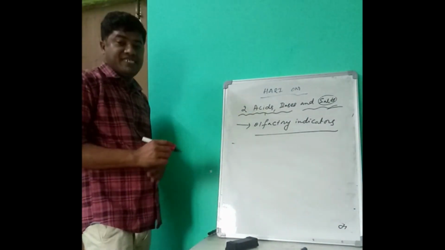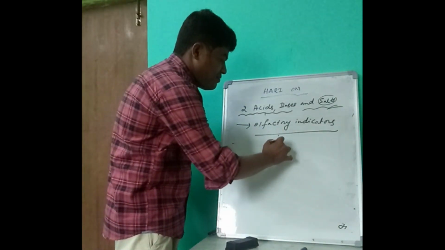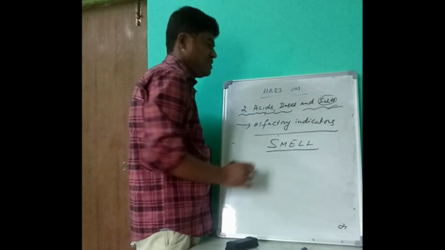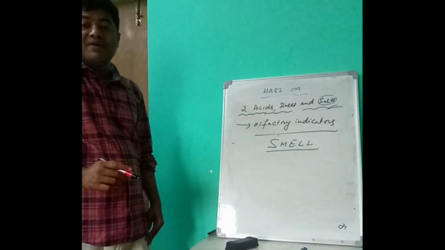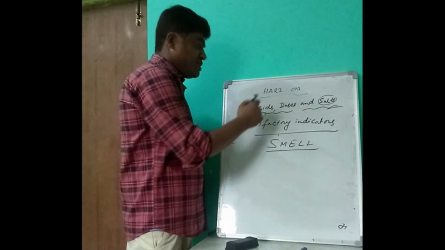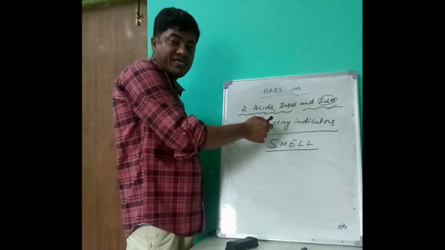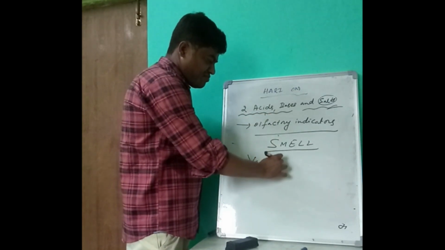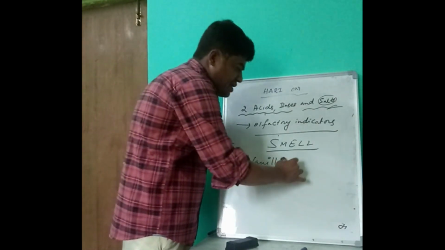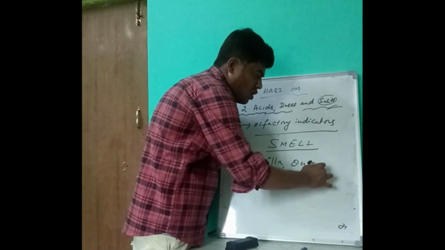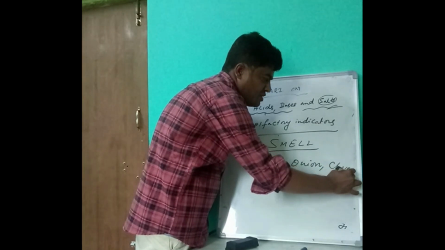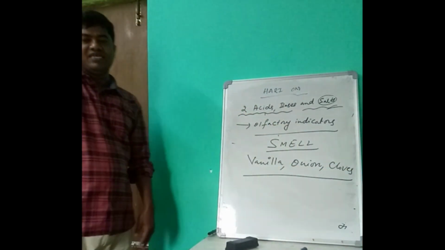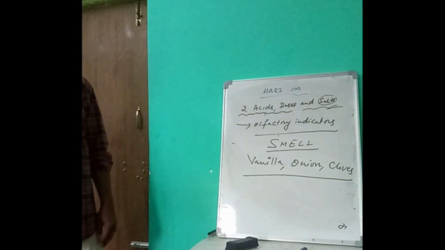Those whose smell changes in the presence of an acid or a base. Such types of indicators are called olfactory indicators. For example, vanilla, onion, clove. These are examples of olfactory indicators. Their smell changes in the presence of an acid or a base.